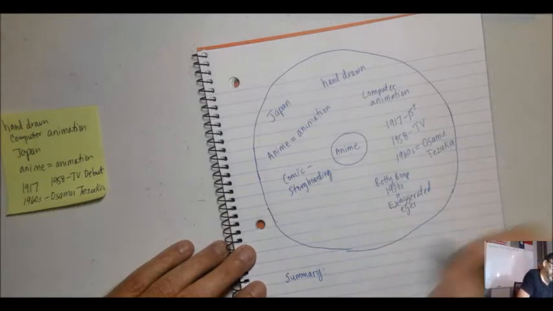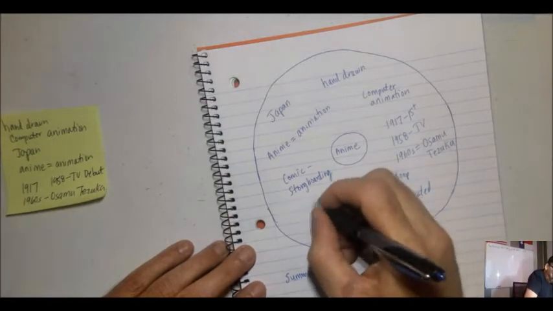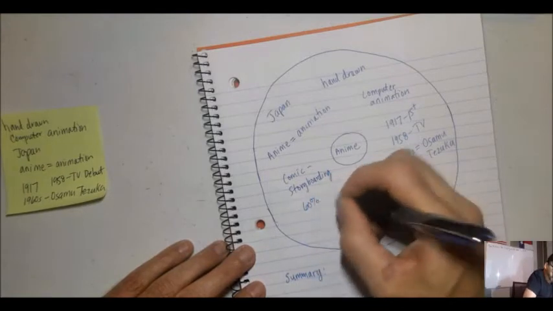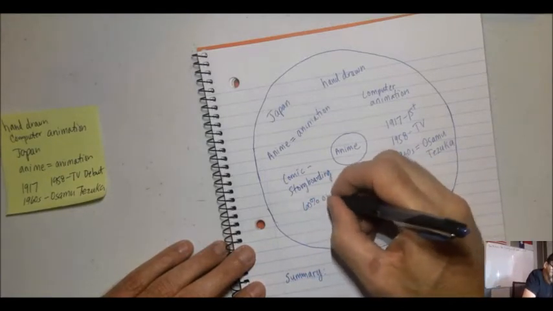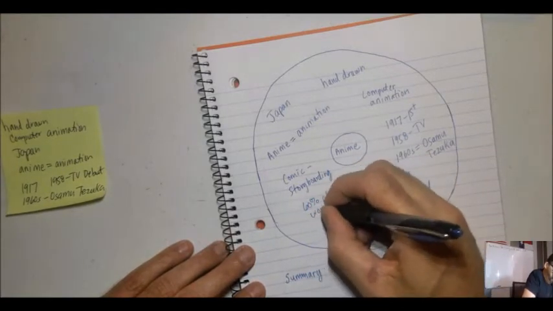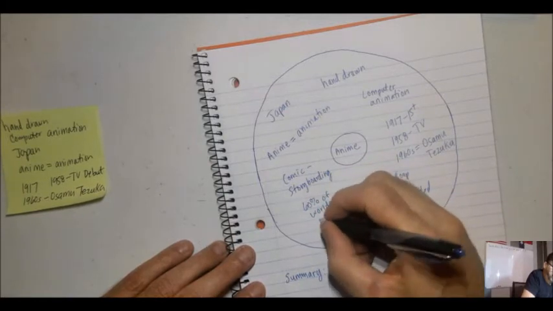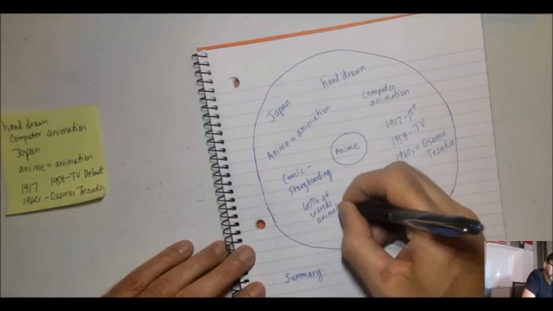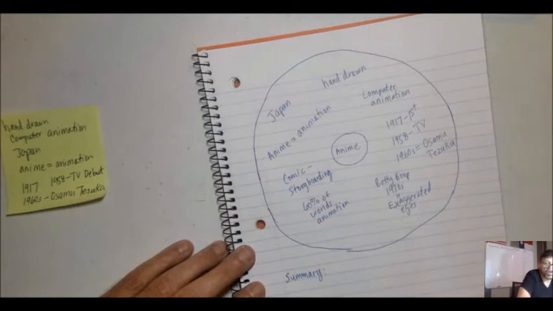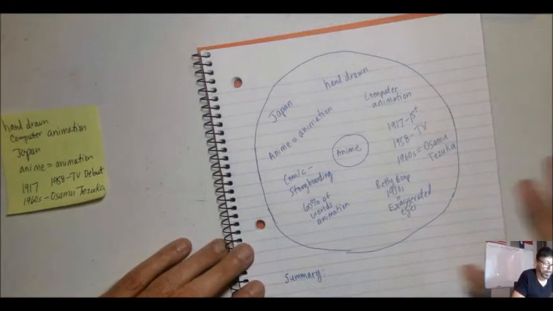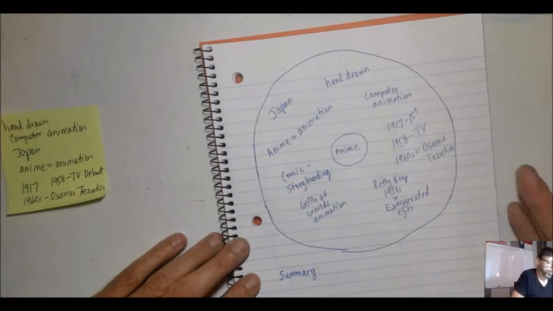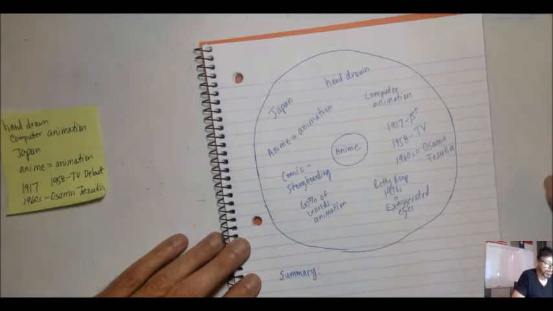Okay, so I also want to point out that 60% of the world's animation. Now, sometimes you can write like a few words. It's not taking up a lot of time. So if I was teaching, anime is now represents 60% of the world's animation.